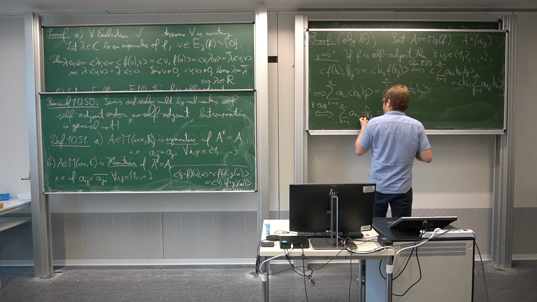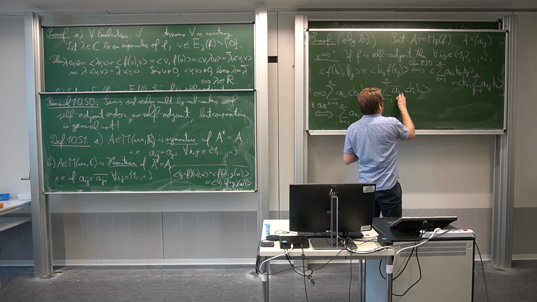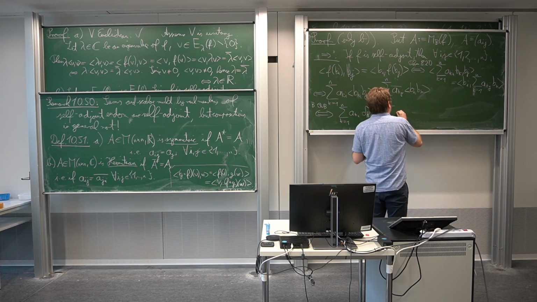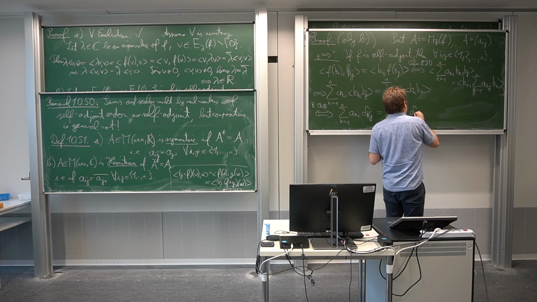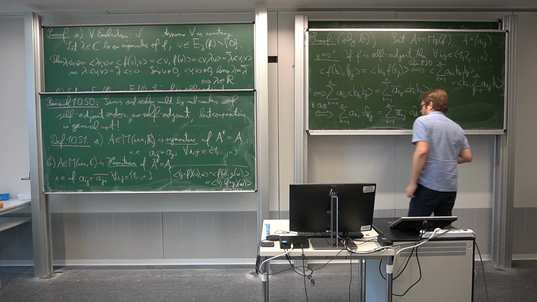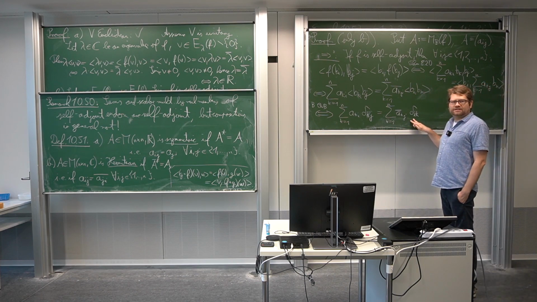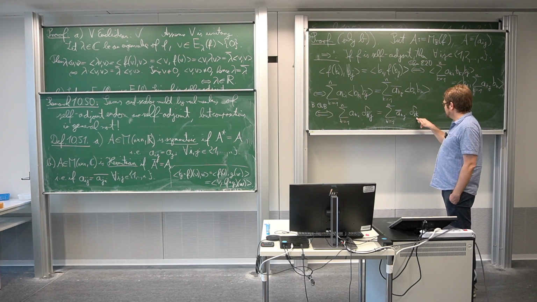Now, on the right-hand side, the sum over k from 1 to n of a_kj bar, and here we have delta_ik. Okay, and at this position we know that the only point where this Kronecker delta is 1 and not 0 is when the indices coincide.